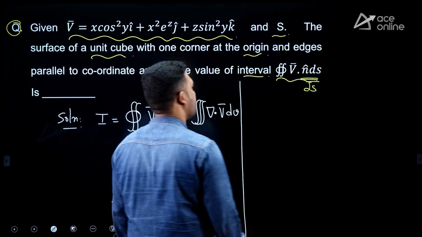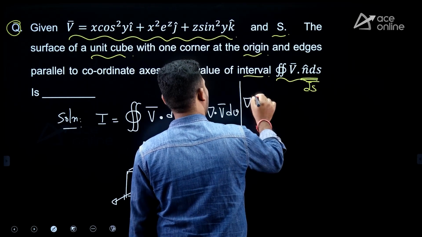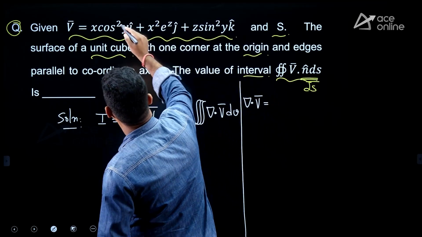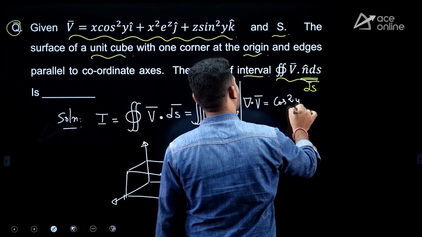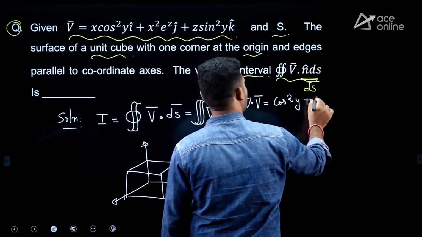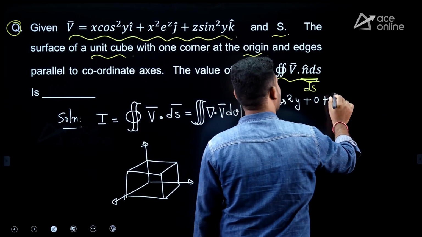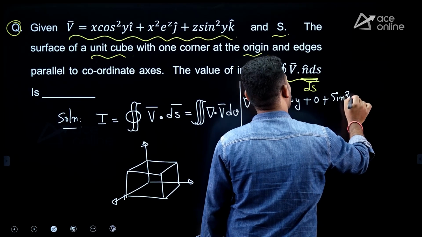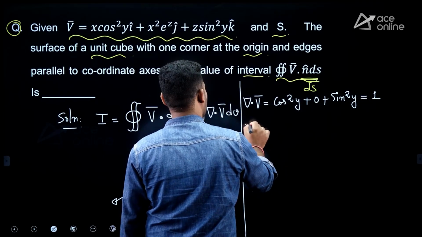So in the first step, find the divergence of V. What is the divergence of V? Differentiation of the first term with respect to x gives cos square y, plus differentiation of the second term with respect to y, which is 0, plus differentiation of the third term with respect to z, which is sin square y. So it is equal to 1, since cos square y plus sin square y is 1. So what is the integral, guys?